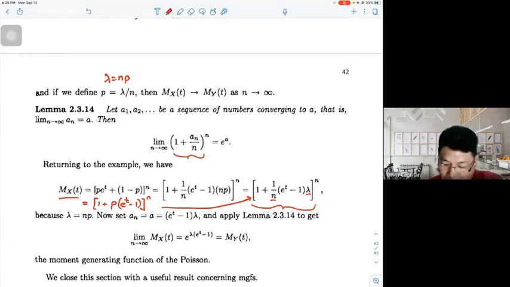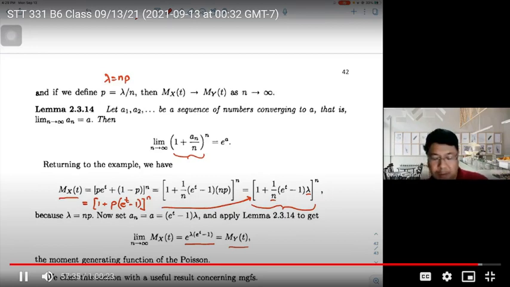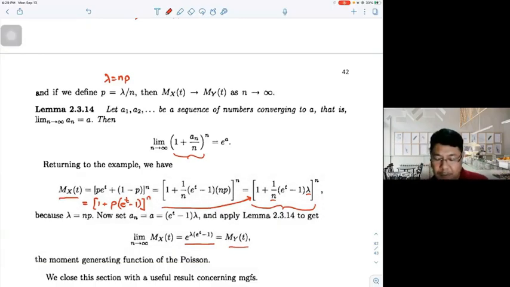We have this result, and this expression is actually the moment generating function of the random variable y having a Poisson distribution. So the moment generating function of the Poisson.